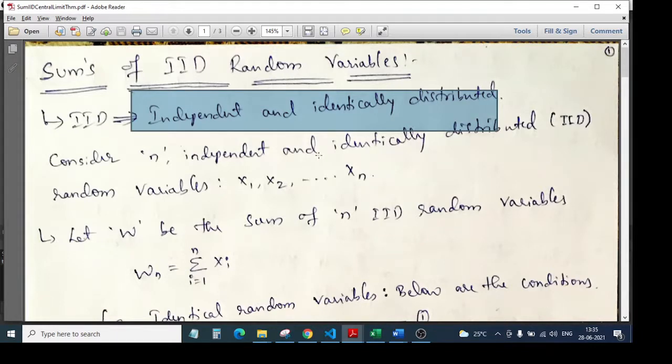When we speak of these things, as I explained just now, their probability distributions must be equal.